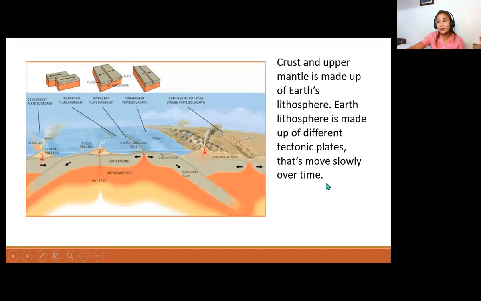Ang lithosphere ay para siyang puzzle. When we say plates, plates is just like a puzzle in the surface of the Earth. Sabihin yung land natin, that's a different tectonic plates. Pag sinabi din nating plates, yun yung bumubuo sa crust natin or sa lithosphere natin. Okay? So we'll talk about it more.